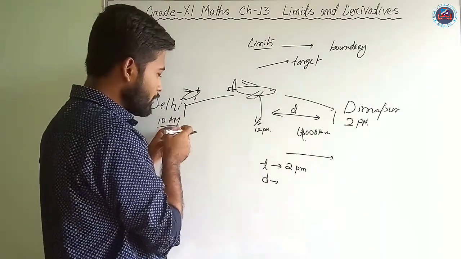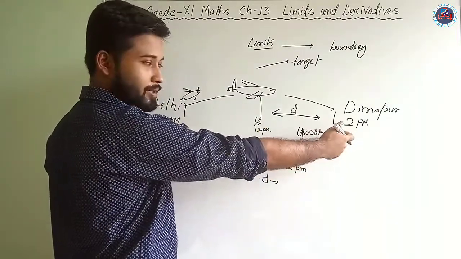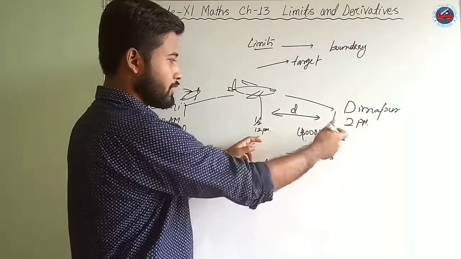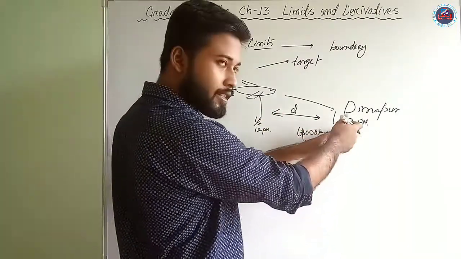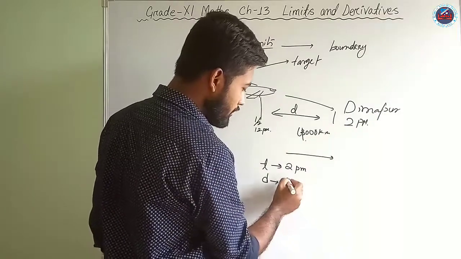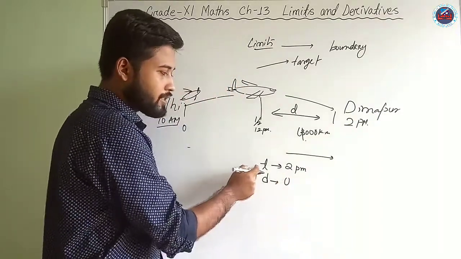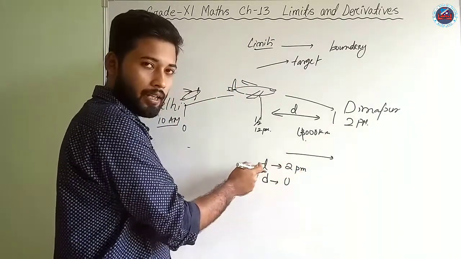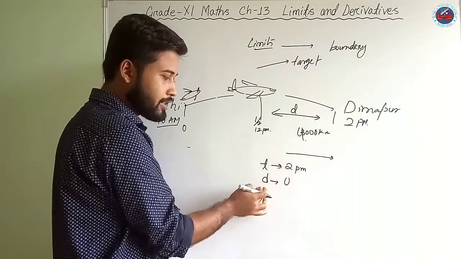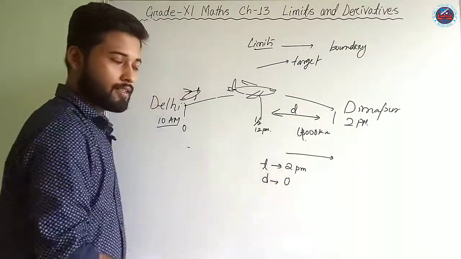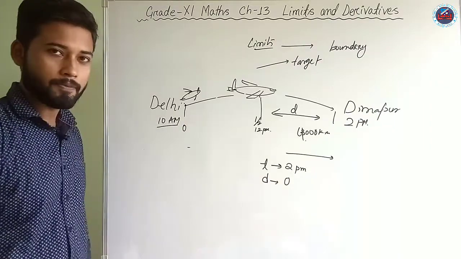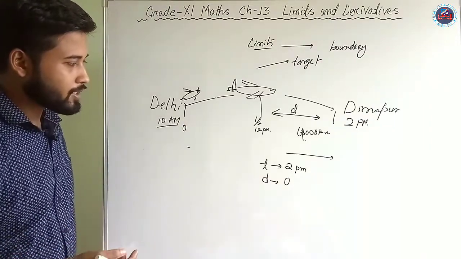When the flight was here, the distance was 4000 kilometers, say. When the flight was here, it was 2000 kilometers. When the flight has reached Dimapur, the distance will be 0. So when the time is tending towards 2, or approaching 2 PM, the distance is approaching 0.